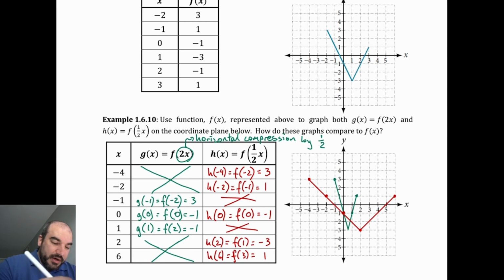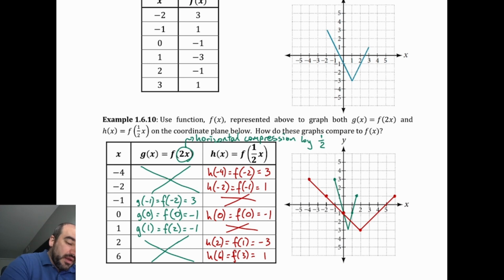But what happened here? We see that the original graph goes from negative 2 comma 3 down and then up to 3 comma 1. But here this point got stretched out to here, and then this last point got stretched out to here. So we see a horizontal push from the y-axis, stretching this out to be horizontally wider, right?